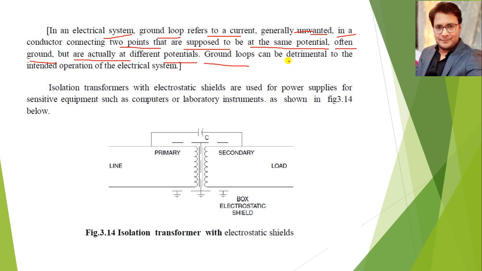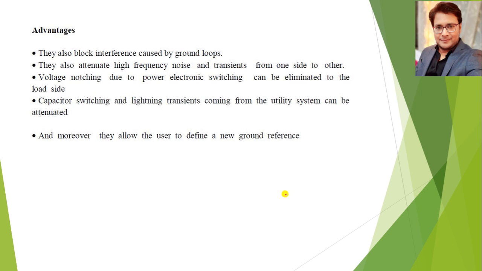Ground loop can be detrimental to the intended operation of the electrical system. Isolation transformer with electrostatic shield are used for power supplies for sensitive equipment such as computer or laboratory instrument, shown in figure. Now moving to the next slide.